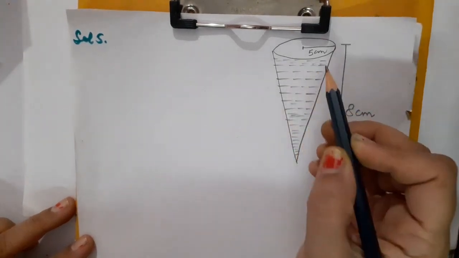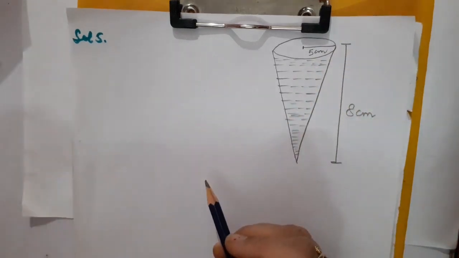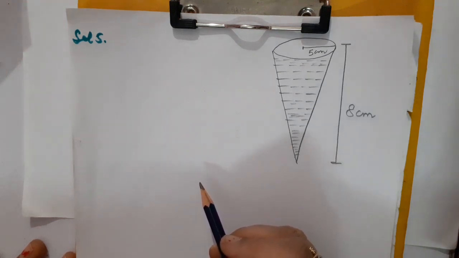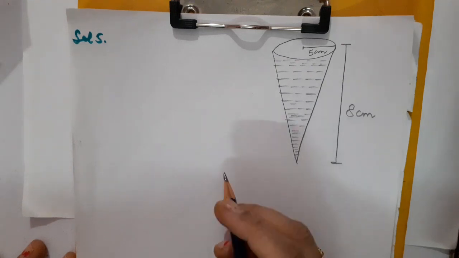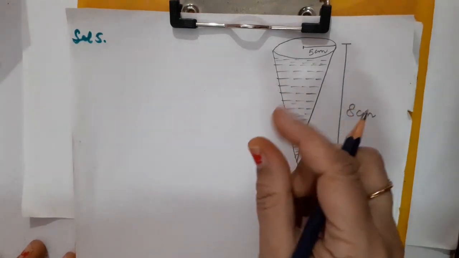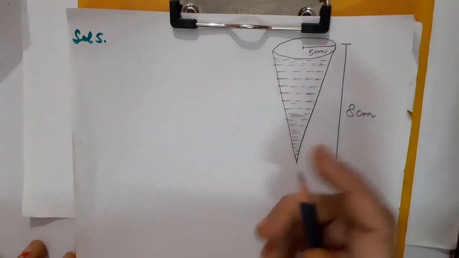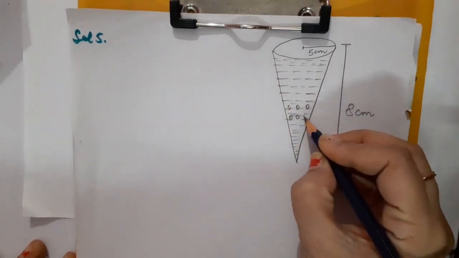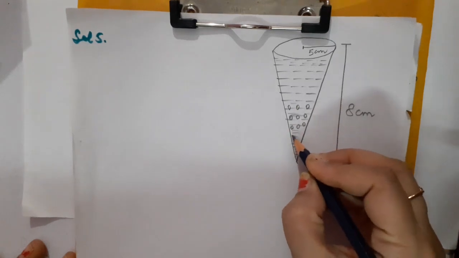So let us fill the water in it, up to brim. Okay. Now when lead shots, each of which is sphere of radius 0.5 centimeter, are dropped into the vessel. Means there are some lead shots which are spherical in shape. Okay, they are dropped in it. So let us make few lead shots. We do not know how many are they in number.